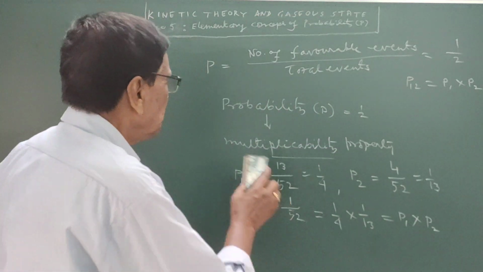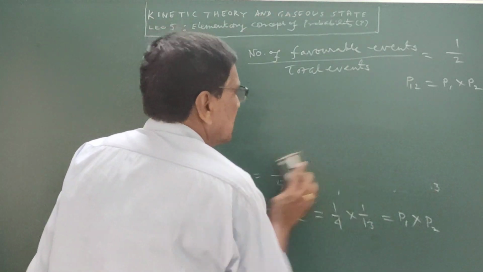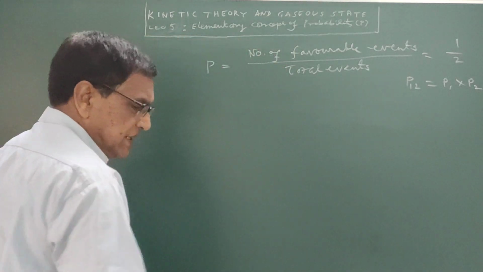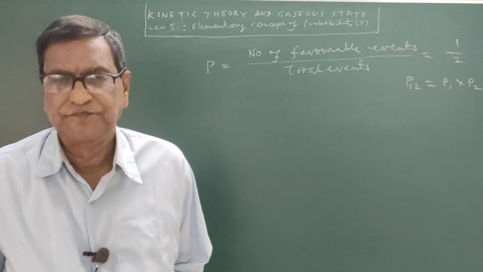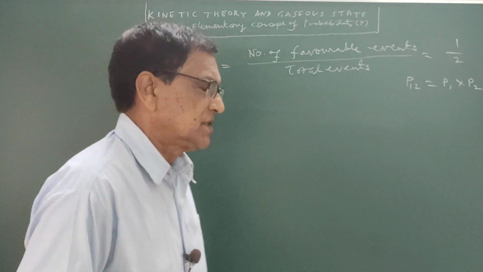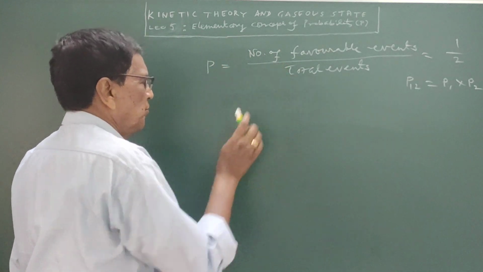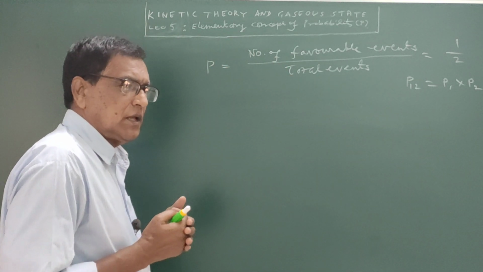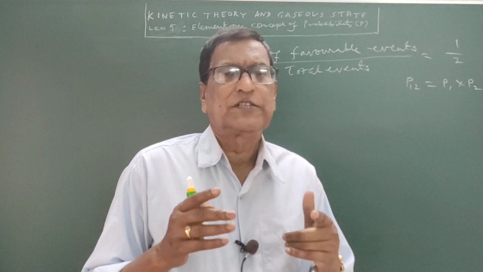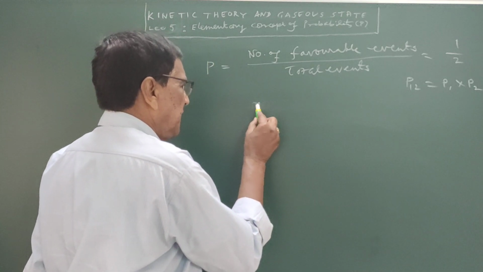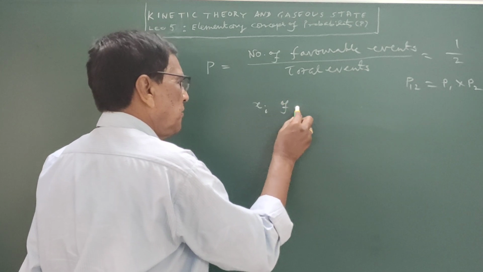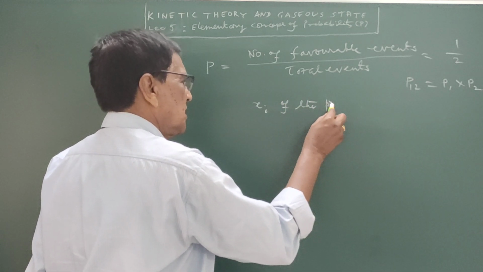Similarly, we can go to another example. Suppose in a system, the probability of the system to have this value xi of the property x.